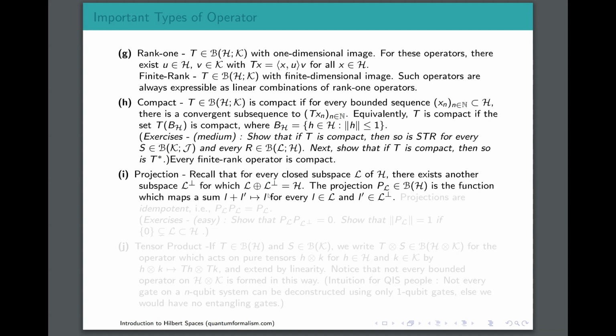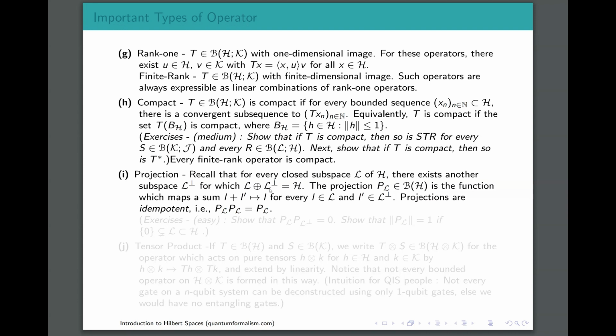The projection P_L as an operator on H is the function which maps sums in this direct sum, l plus l dashed, where l is in L and l dashed is in L's complement, to l. So it just chucks away whatever part of it was living in this complement section.